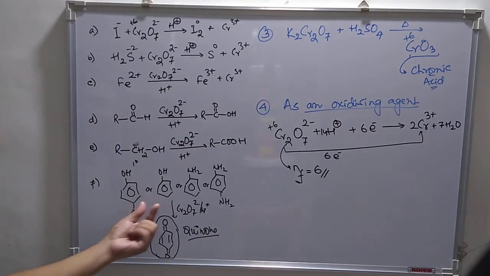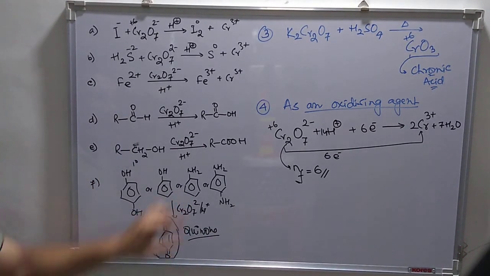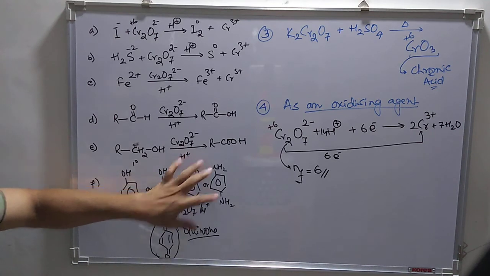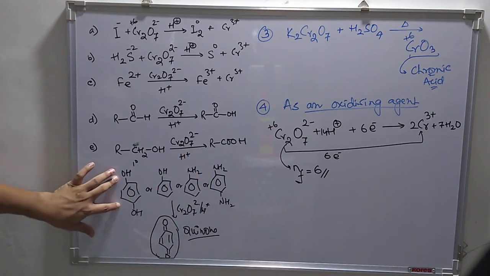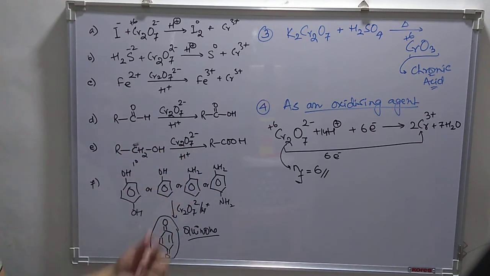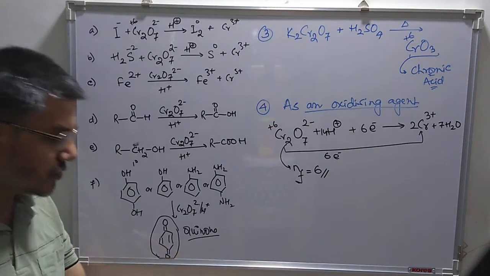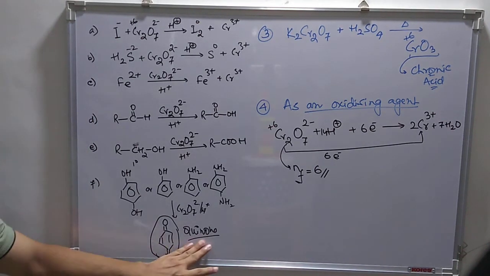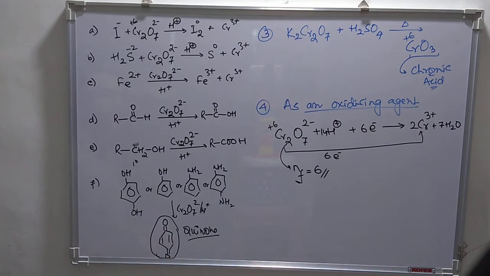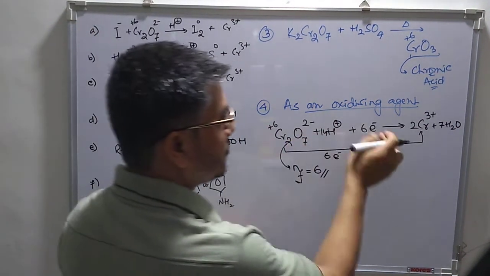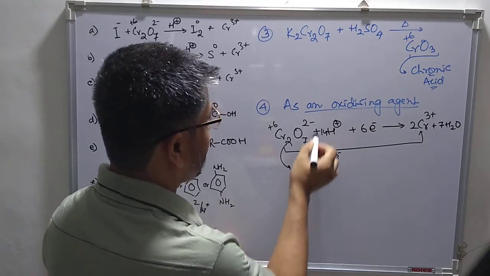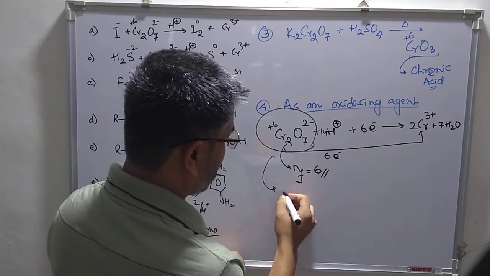So either we have phenol or aniline or para compound. These compounds on oxidation with dichromate are converted into quinone. In all these reactions, chromium is changing from +6 to +3. Chromium in +6 oxidation state is orange.